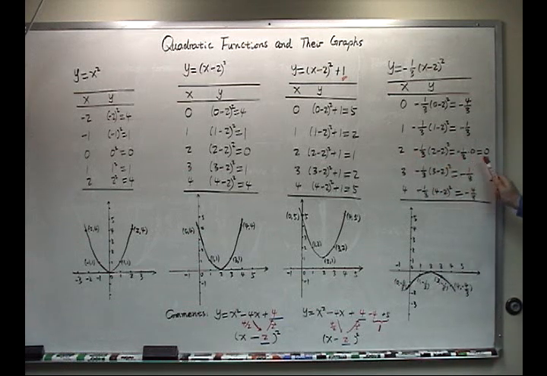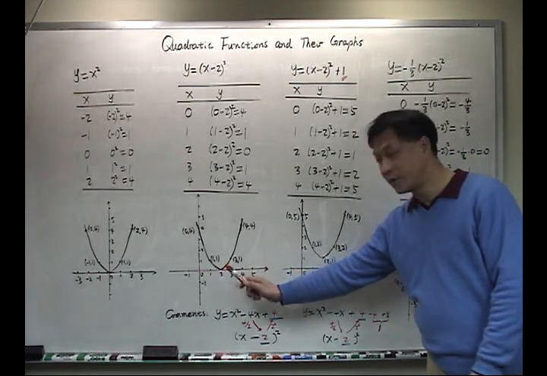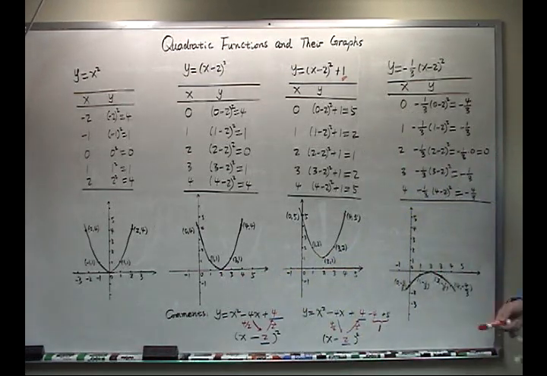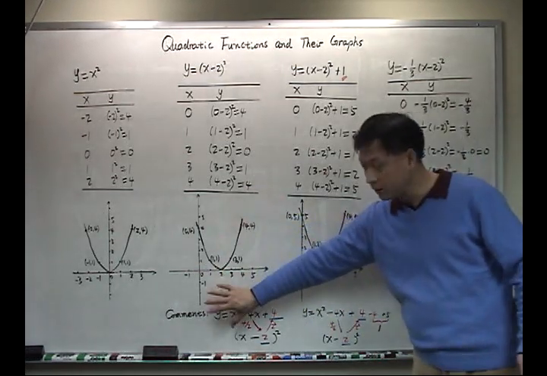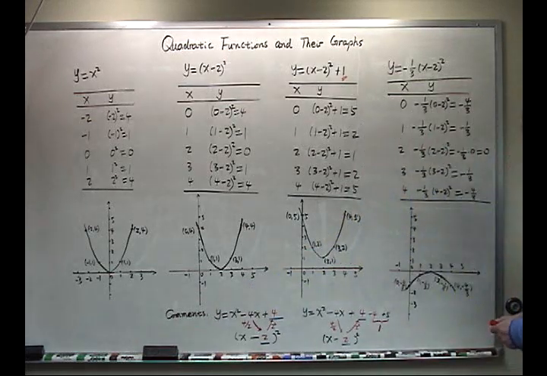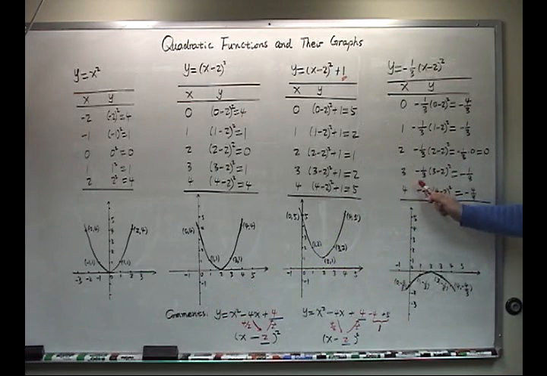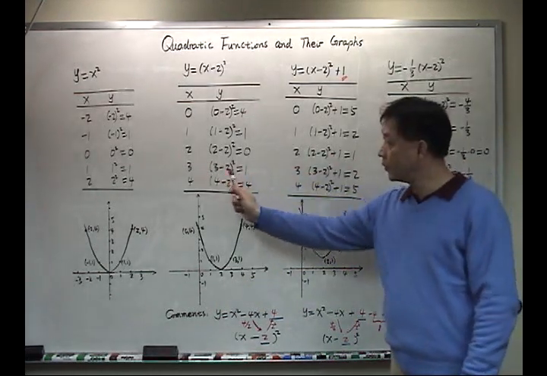X is 2, y is 0. 1, 2. Y is 0, so still the vertex is the same vertex. So it's like you flip this graph down here. And then right here, x is 3, negative 1/3. X equals 3, y was 1.